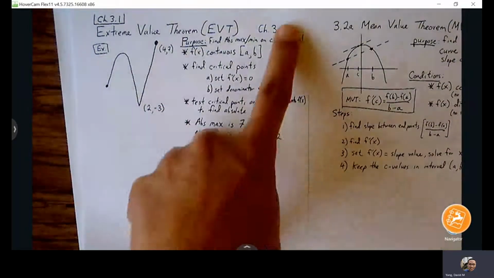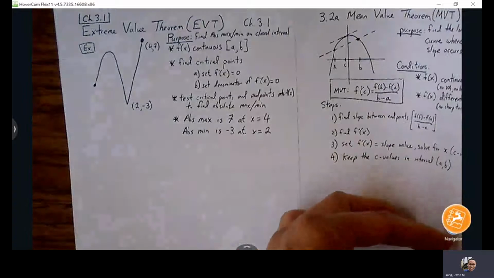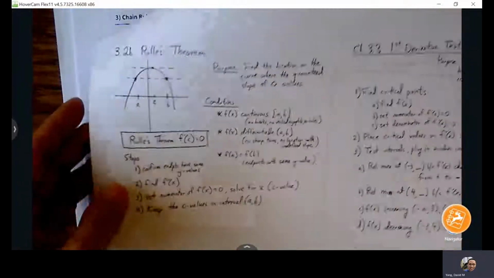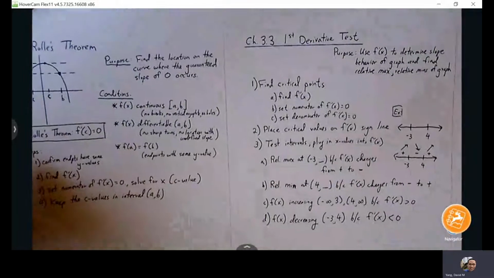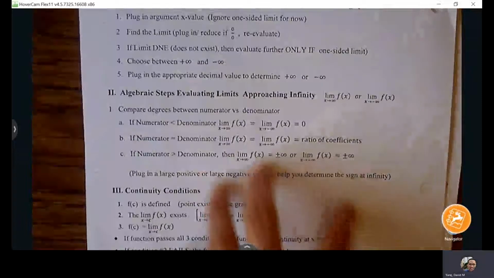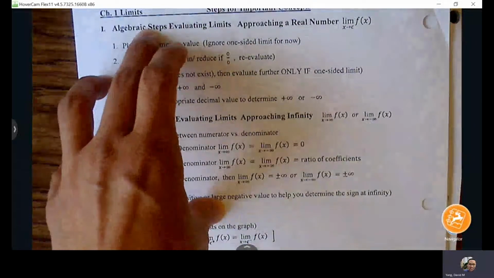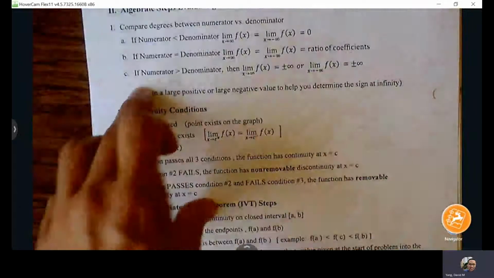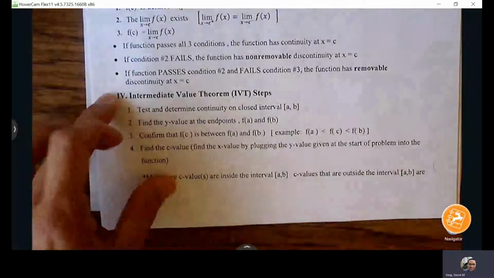It's a summary of the extreme value theorem, the mean value theorem, Rolle's theorem, the first derivative test, the test for concavity, and the second derivative test. We'll spend a day on limits next week, continuity conditions, and then the intermediate value theorem.